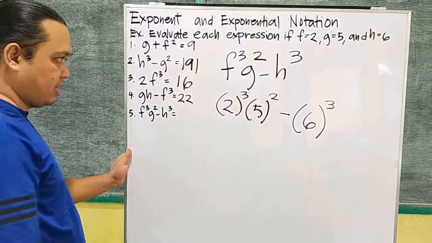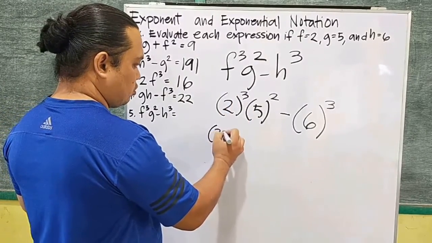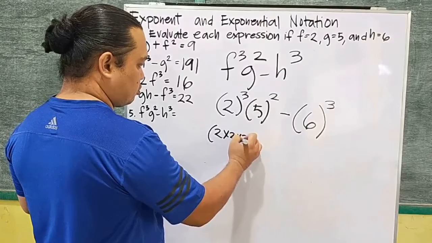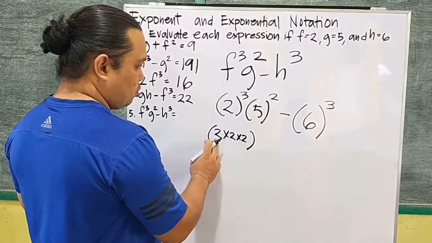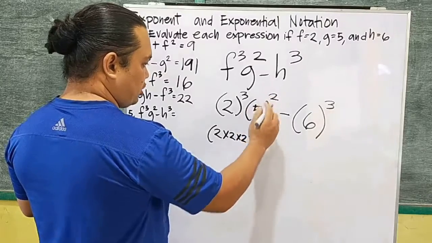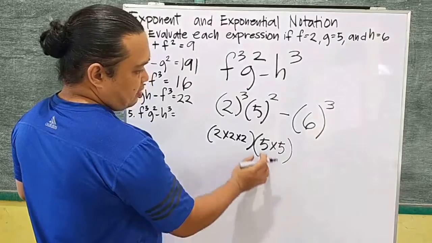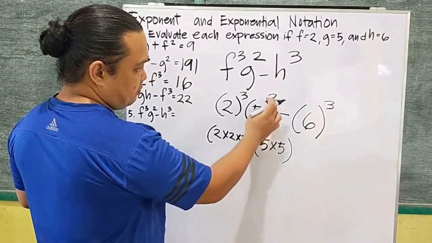Now let's simplify. 2 cubed here is 2 times 2 times 2, 2 multiplied by itself 3 times. Next, 5 squared is 5 times 5, 5 multiplied by itself 2 times.